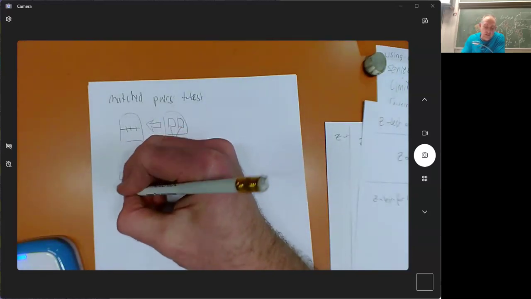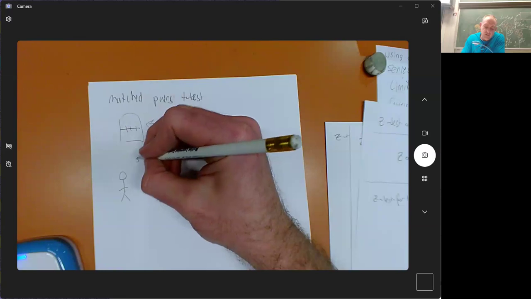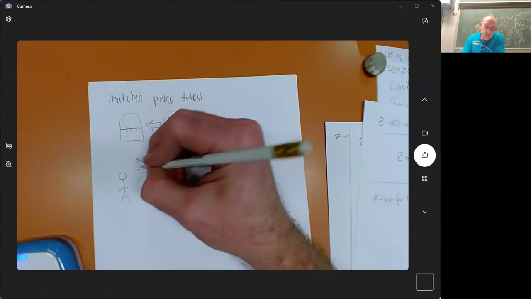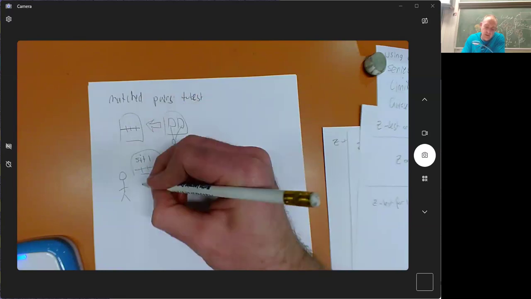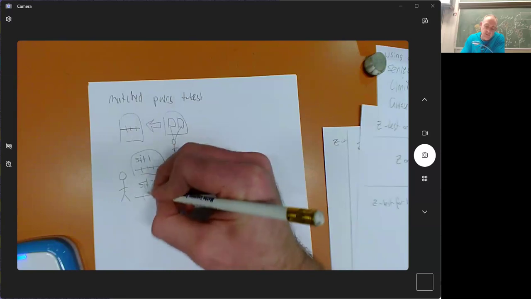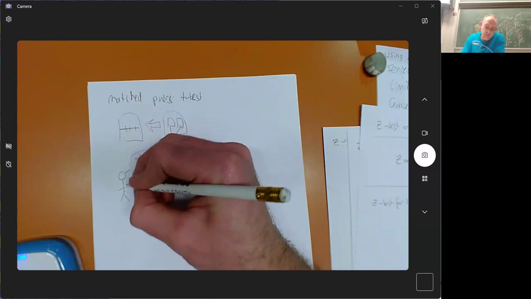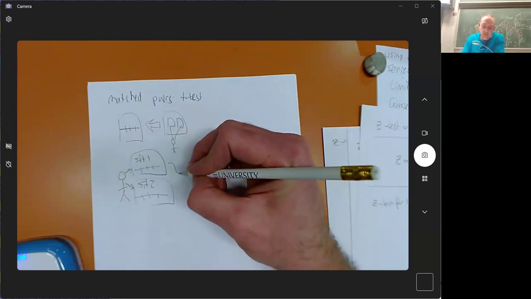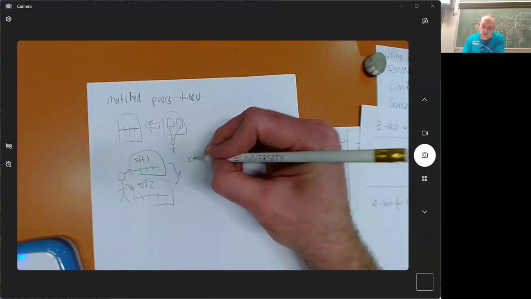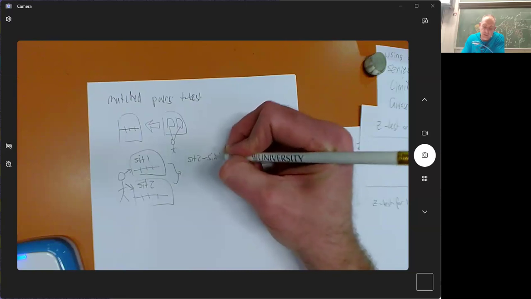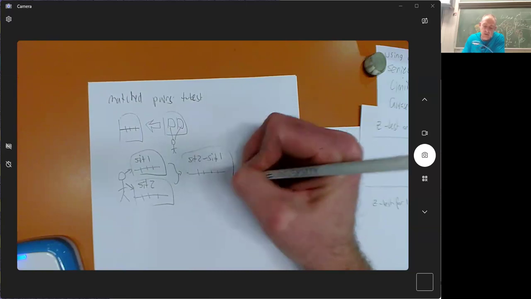So if you think about each individual person, there's a situation 1 number and there's a situation 2 number. Everybody's got both numbers, right? And then what you do is you do situation 2 minus situation 1, and everybody has a single number at the end.